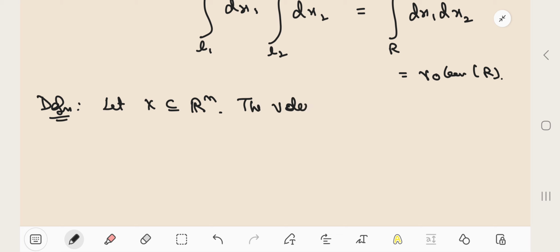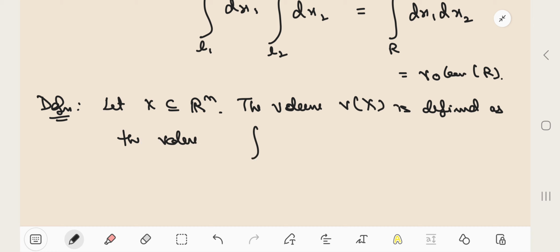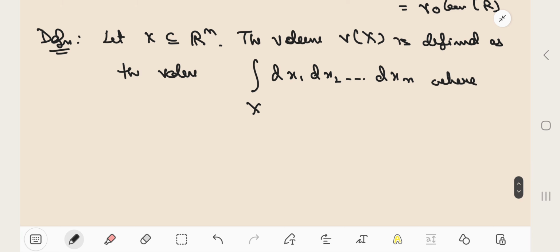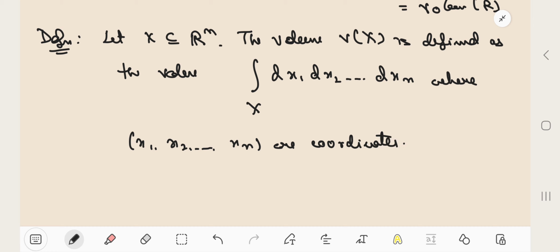The volume V(X) is defined as the integration over X of dx1 dx2 till dxn, where each of these xi's are just coordinates, where x1, x2 till xn are coordinates. Okay, and I hope you can already visualize how this volume exactly works. So it's a simple generalization of our elementary figures.